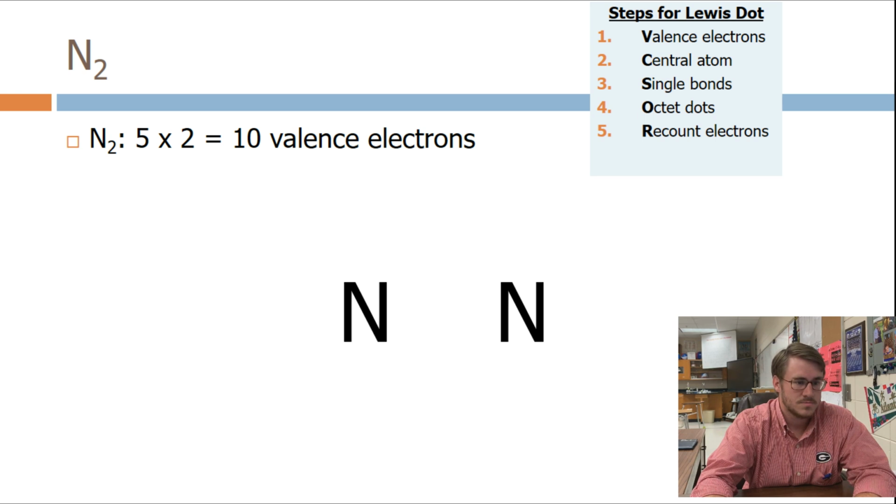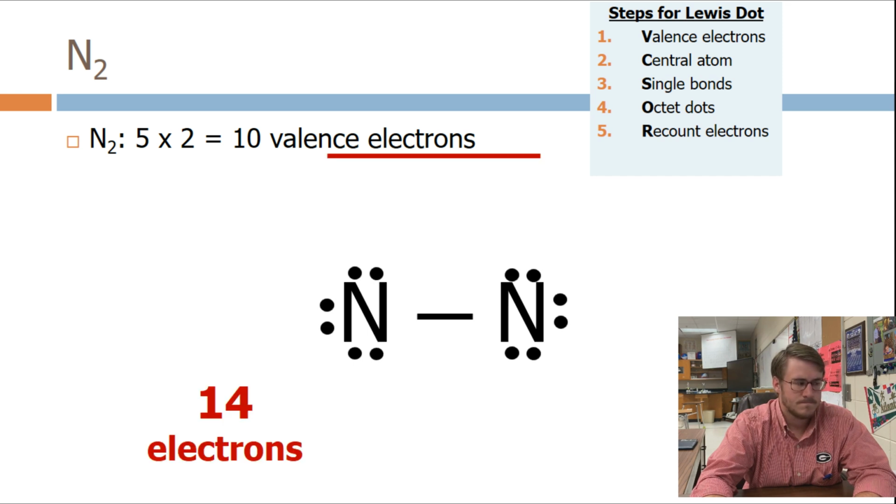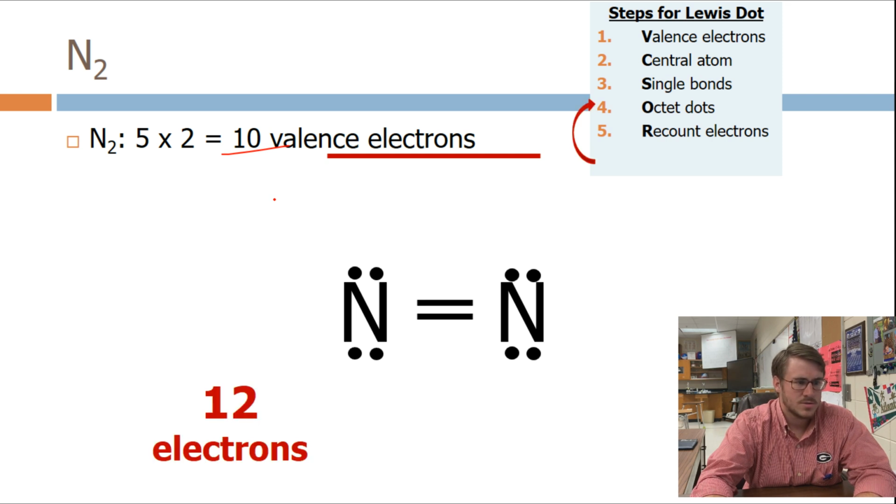Look at N2. Pause and try to do it on your own if you haven't. It yields 14 electrons. We need 10. So for every 2 electrons we're off by, we need an extra bond. Even a third bond.